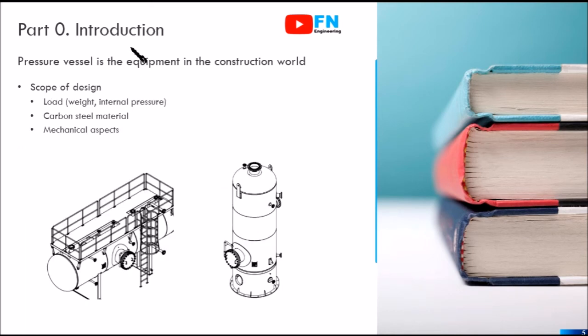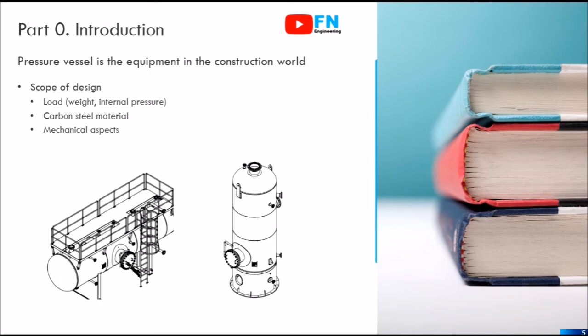Next, we need to know about the nomenclature of pressure vessel. Here is an example sketch of pressure vessel. On the left is a horizontal vessel and on the right is a vertical vessel. The first is the shell. Shell is the body of the vessel. Head is the cover of the vessel.